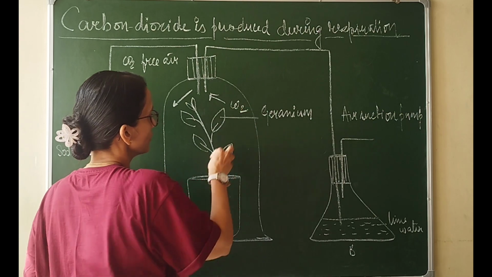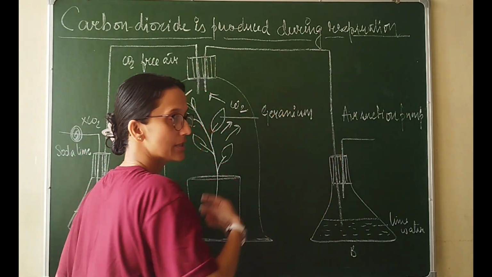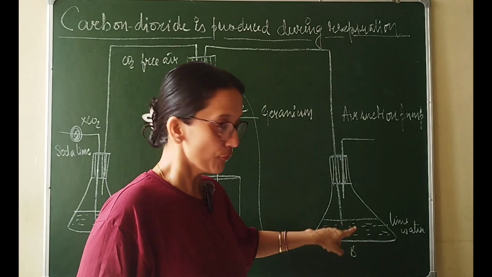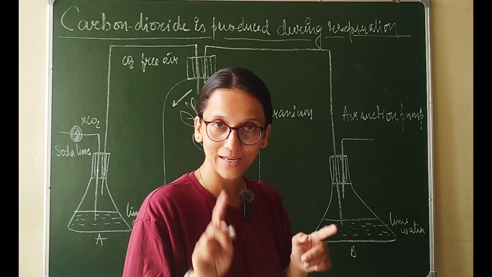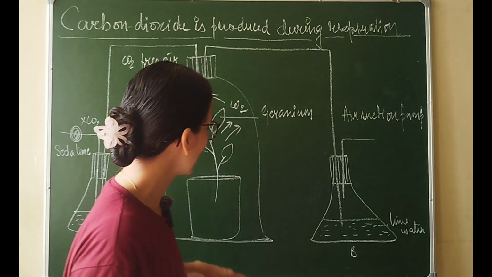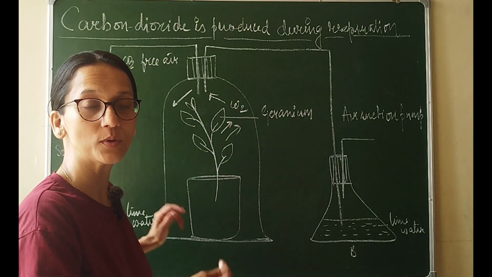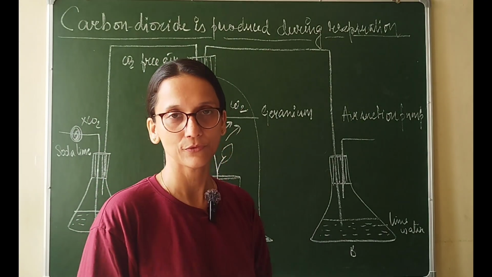So there is liberation of carbon dioxide by the plant. This carbon dioxide will travel through this pipe and will enter flask B. Flask B contains lime water, and hence it will turn the lime water milky. Proved that carbon dioxide gas must have been produced by the plant, because there is no other medium through which carbon dioxide can enter the flask.